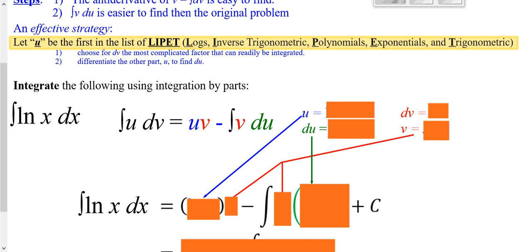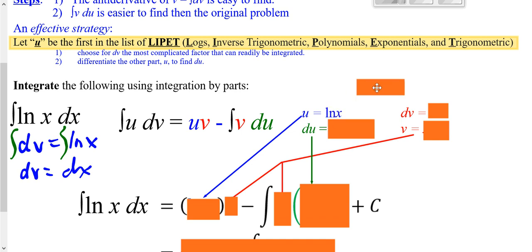We have two options for dv. dv could be either your natural log, and you'd have to integrate that to get v, or you could let dv be your dx. However, to be able to find v, we have to integrate. Well, we don't know the integral of natural log. That's what we're trying to do. So it obviously doesn't work to let your dv be your natural log.